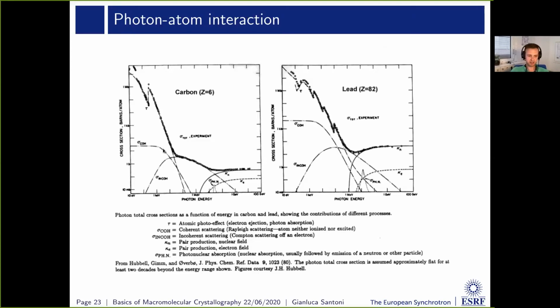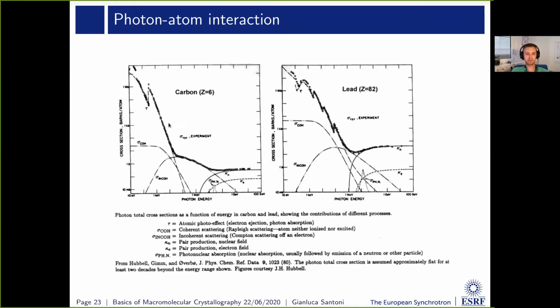As you can see, there's a factor of about 20, roughly, between the cross-section for coherent scattering, which gives diffraction, and the photoelectric effect. What this means is that, first, as we have seen before, very few photons interact with the electrons in the crystal. And of those that interact, only a few give diffraction, but even more will be absorbed and generate damage inside the crystal.